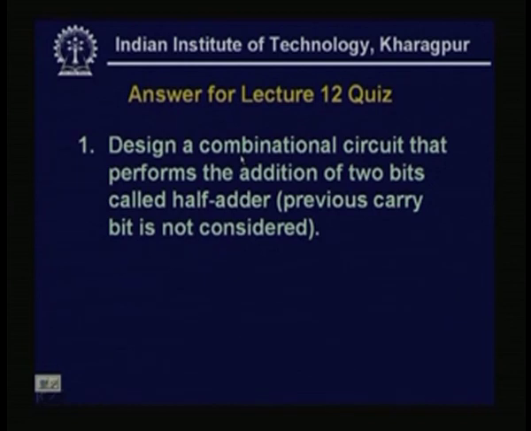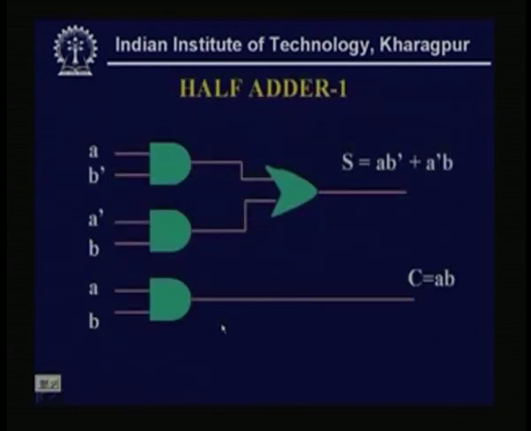Remember, that was our last quiz question: design a combinational circuit that performs the addition of 2 bits, called the half adder. A previous carry bit is not considered, so there are 2 inputs. The realization is very simple, because S is A B dash plus A dash B, and I am assuming that complemented as well as uncomplemented literals are available.